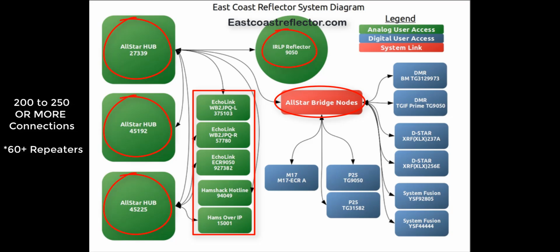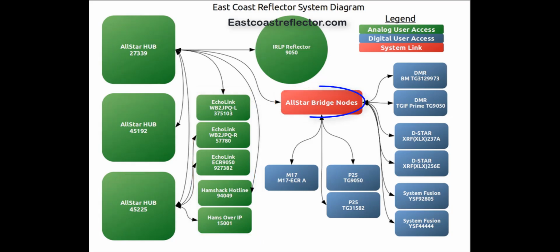But the red box there in the middle, think of that as a translator. Analog can't talk directly to digital, and digital can't talk directly to analog. So there has to be something in the middle to do the translation from analog to digital and digital to analog. And that's what that bridge node is in there for. Essentially, that's a computer.